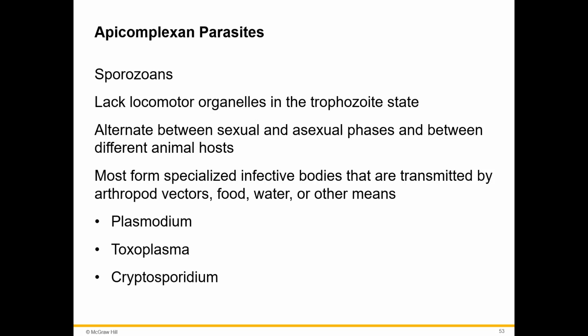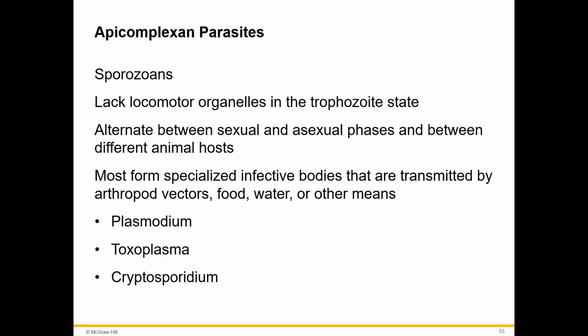And so we have the arthropods, which include insects, and then we can have them infect us through food or water or other means. Arthropod is just anything with a chitinous exoskeleton. So we can also have other things besides insects like arachnids. We got ticks and different things like that, and mites.